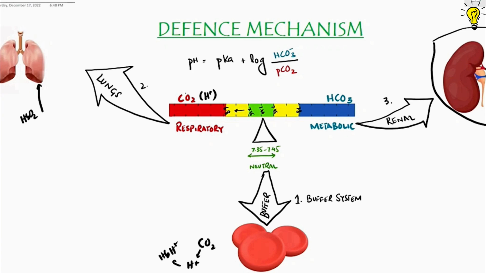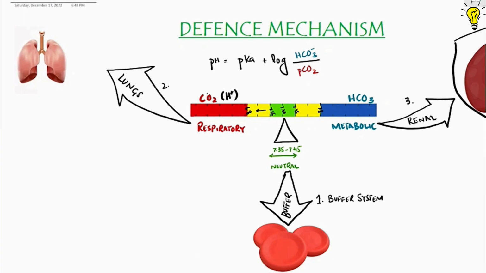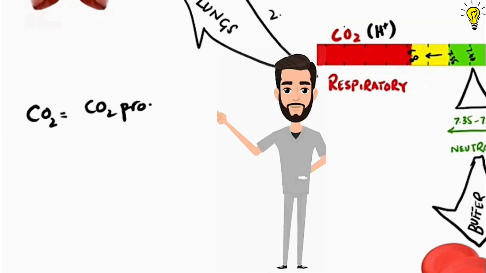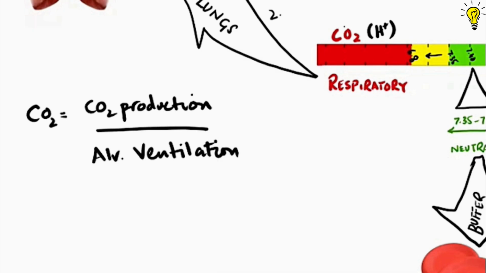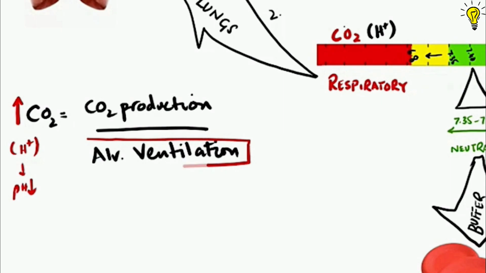Now remember this equation. The amount of carbon dioxide in the body is determined by carbon dioxide production divided by alveolar ventilation. So when carbon dioxide increases for any reason, it generates more hydrogen and lowers the pH. This lower pH is then detected by chemoreceptors in the periphery and in brainstem medullary centers.